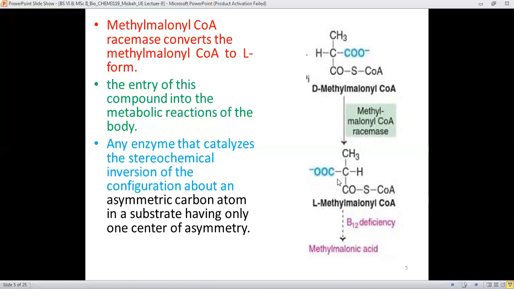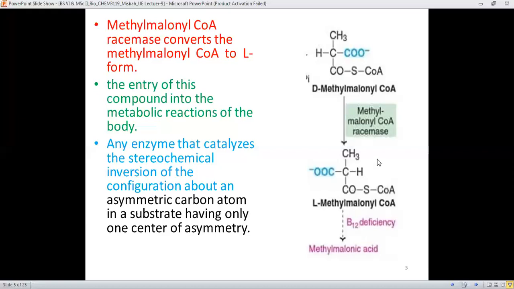Racemase enzymes catalyze the stereochemical inversion of configuration. There is inversion of configuration from D to L form, and this inversion occurs around the asymmetric carbon. In biochemistry, these molecules behave as the substrate.